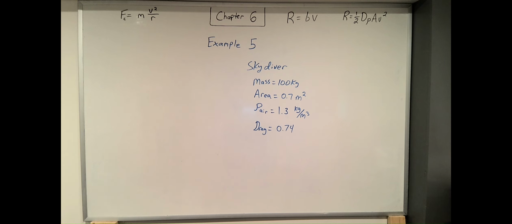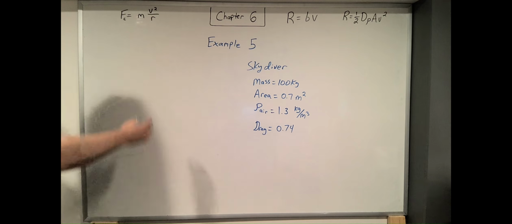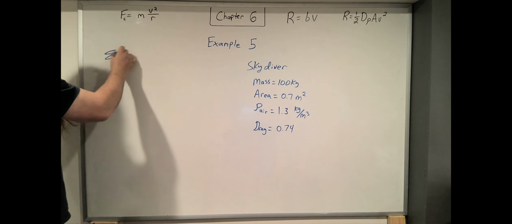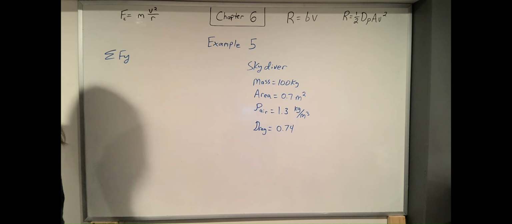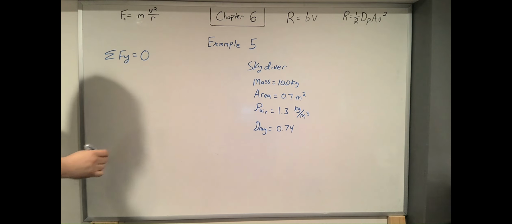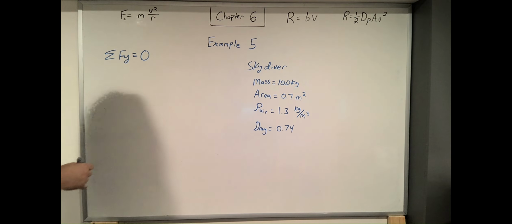So let's find out what our terminal velocity is for a skydiver. We do the same principle as we did for the last one, where we look at our sum of forces in the y. We want that to be 0 for the terminal velocity equation.